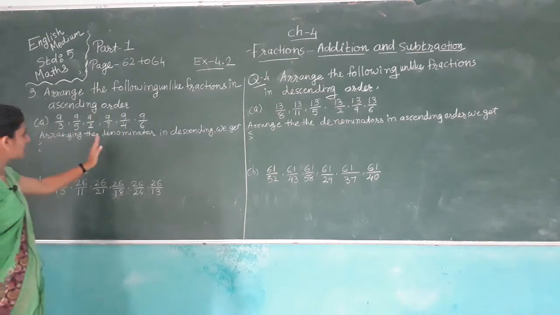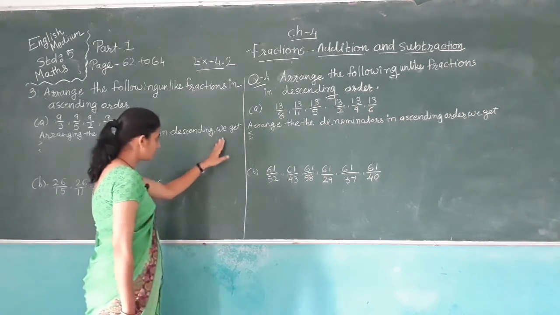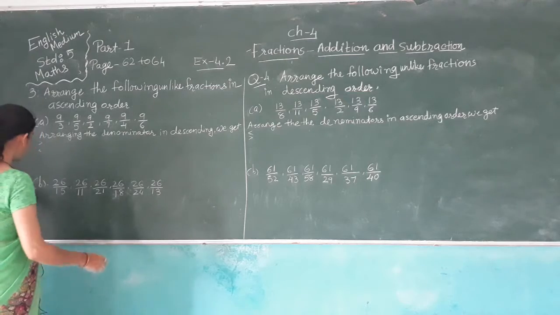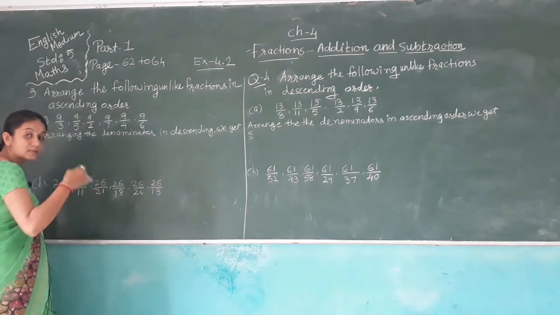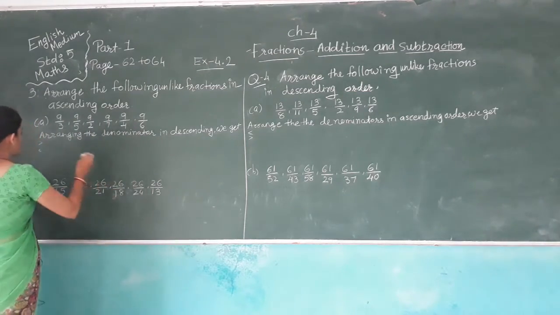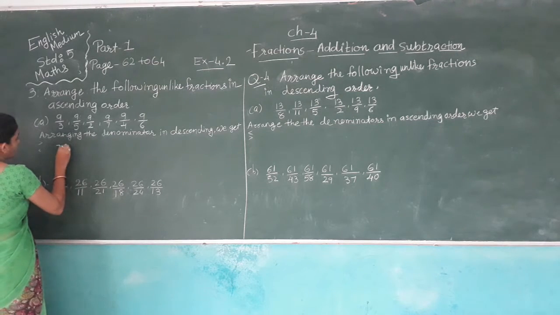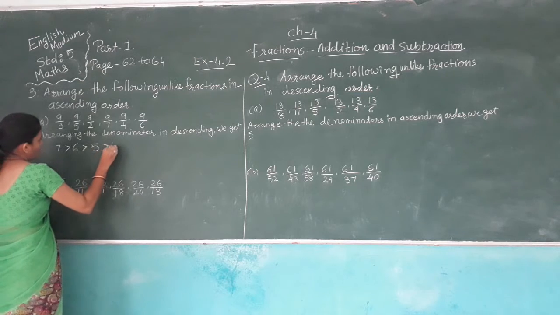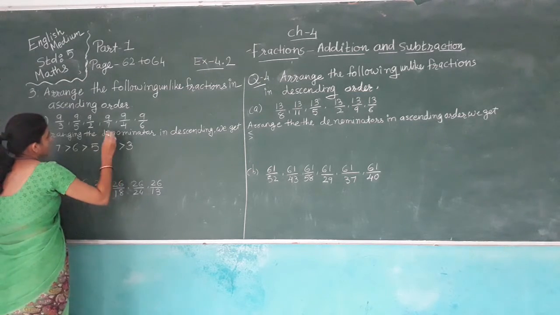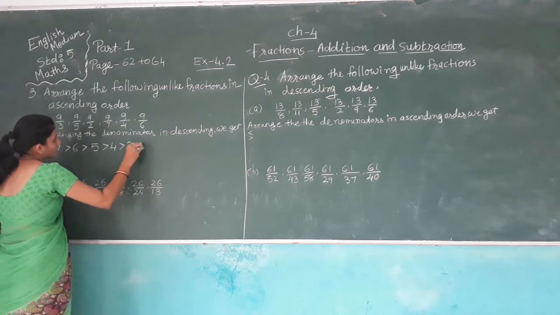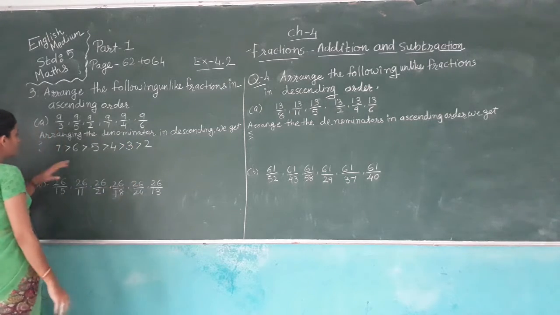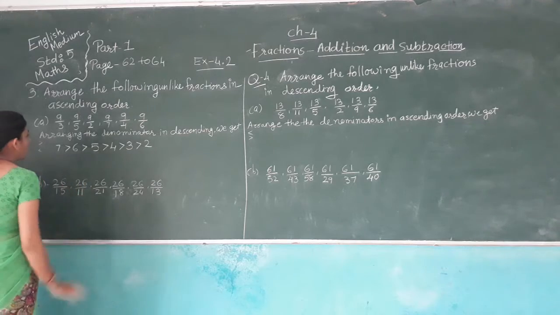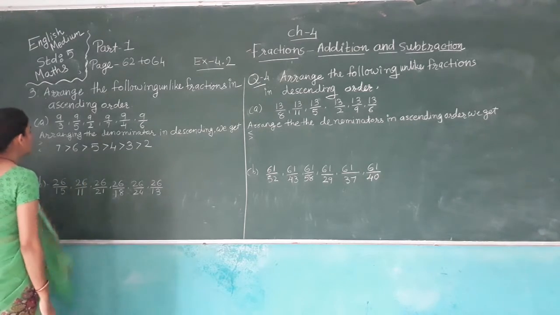First, arranging the denominator in descending order, that means biggest to smallest, we get 7, then 6, then 5, then 4, then 3, then 2. So we get 7 greater than 6 greater than 5 greater than 4 greater than 3 greater than 2.